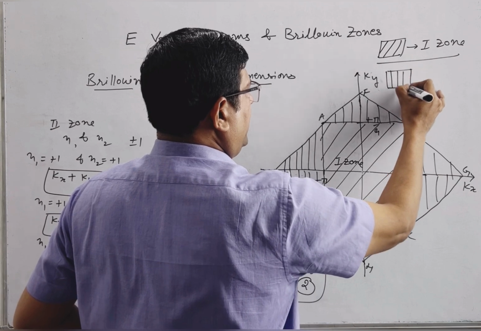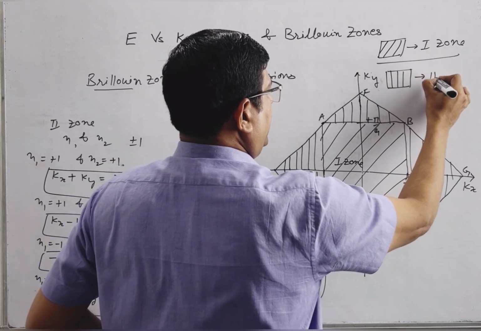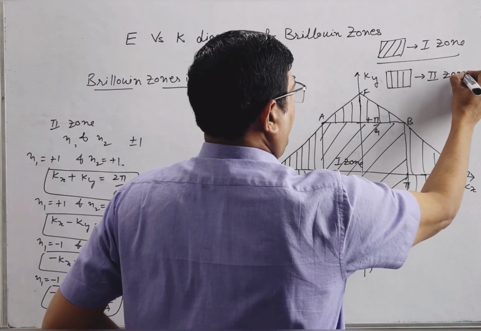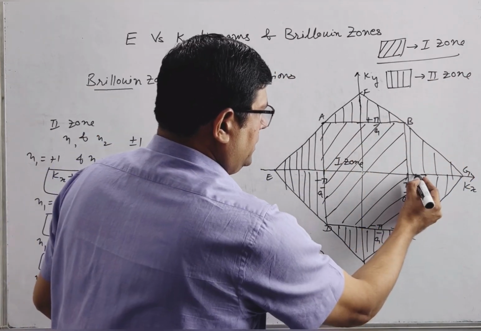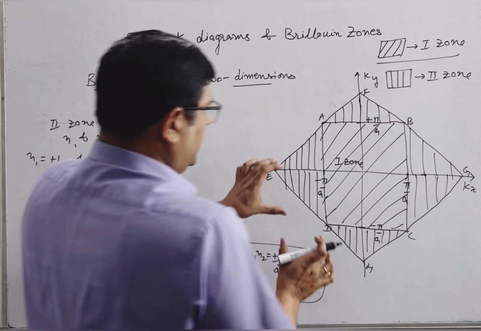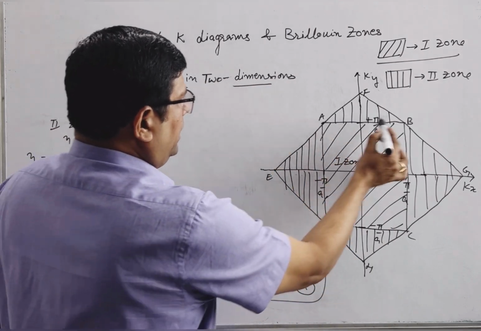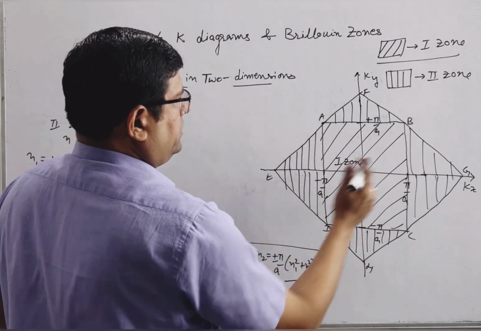This is shown by straight lines. This is the second zone. The second Brillouin zone is shown by these straight lines, and this is the region between ABCD and EFGH.